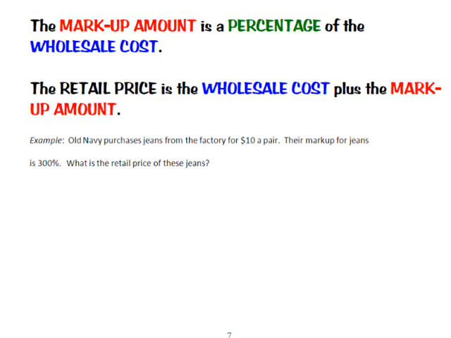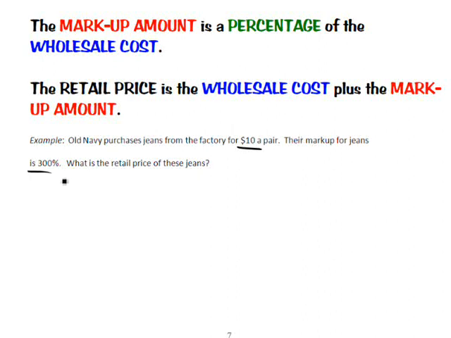The wholesale cost is what a store like Old Navy purchases jeans for before they sell them. They buy them from some factory in China or something. So they purchase them for $10. Then they mark them up for 300%. That's here in the example problem. $10 for the jeans, 300% markup.